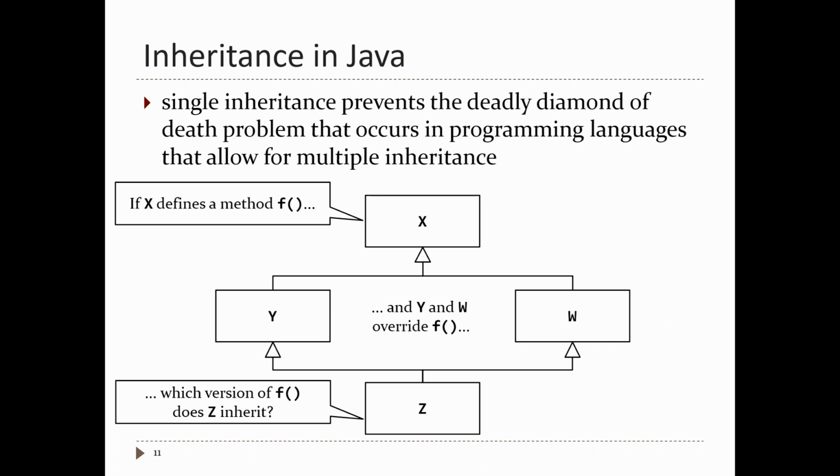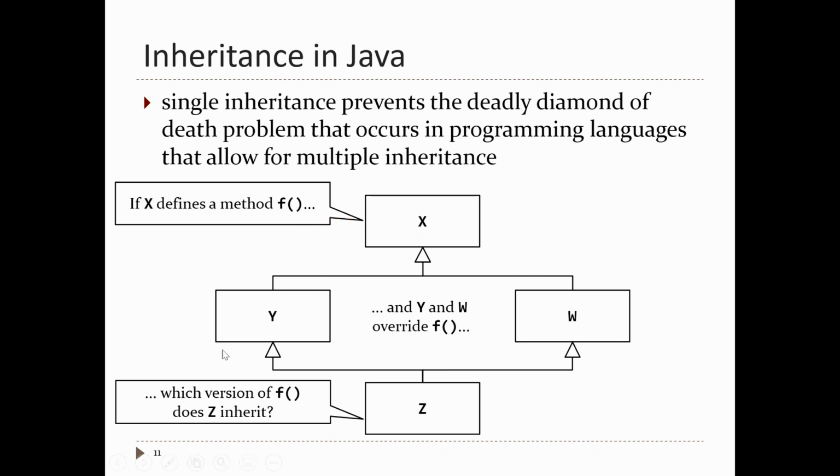The problem in languages that support multiple inheritance is that it complicates the relationship between your classes. Suppose X defines a public method called f, so you can make an X object and write x.f. In inheritance, Y and W both inherit X's method f.